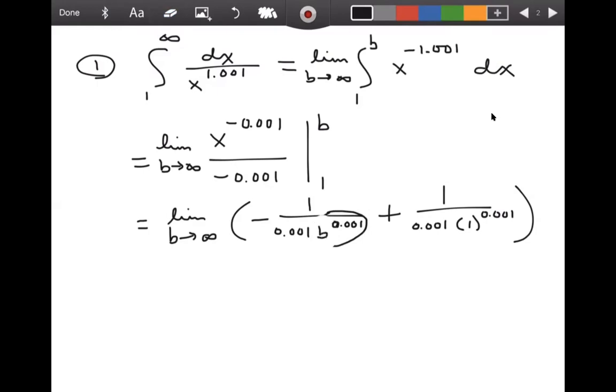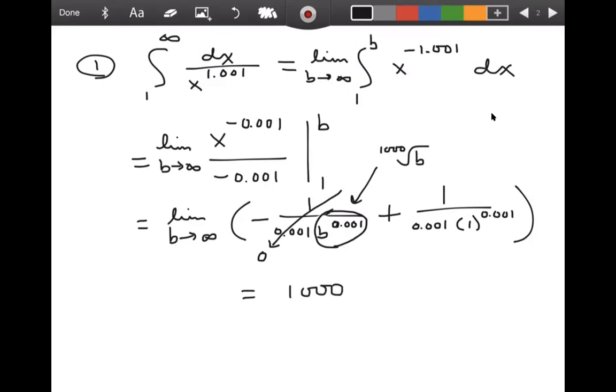So think of this as the 1,000th root of b. As b increases without bound, the 1,000th root of b also increases without bound. And since that factor is in the denominator, that's going to take the whole entire expression off to 0. So the value of this limit is 1 over 0.001 times 1, which is 1,000.